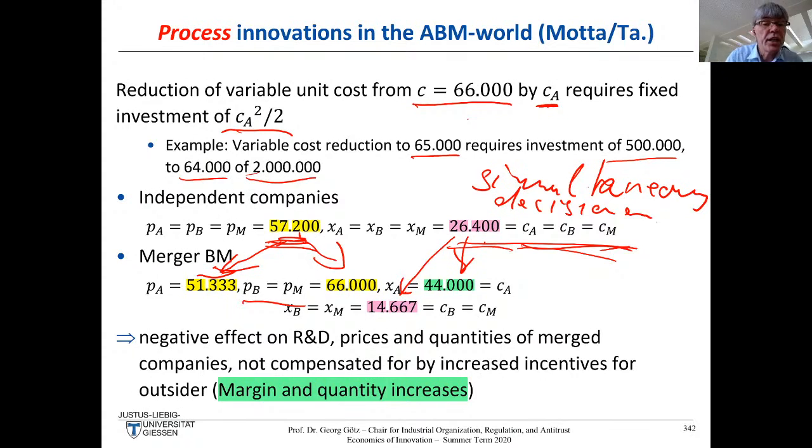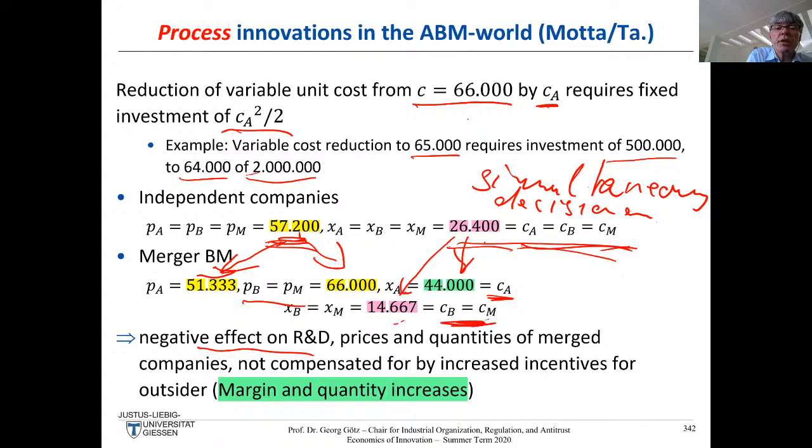Okay, and so what you see here is actually what already Motta and Valletti and all these guys expected to begin with, namely that we have a negative effect on R&D. Remember here CA is now lower, okay?